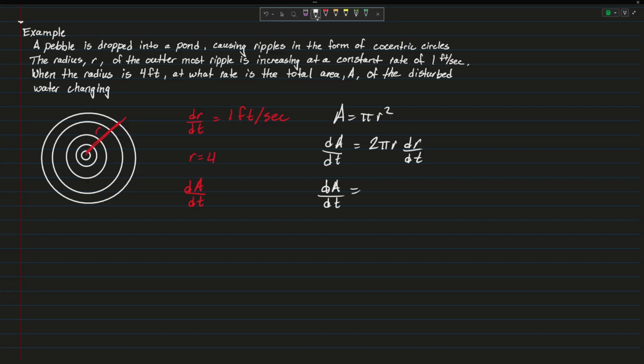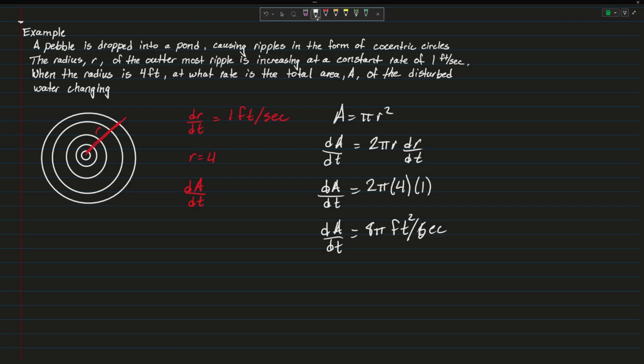So if we plug those in, we get 2 pi times r, in this case, what did I say? 4 feet, times dr/dt, which we said is 1. So then dA/dt, if we multiply those things together, is just going to be 8 pi feet squared per second.